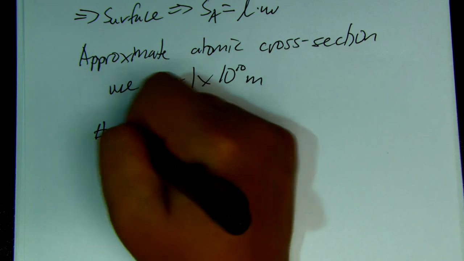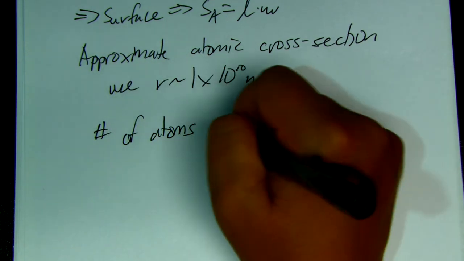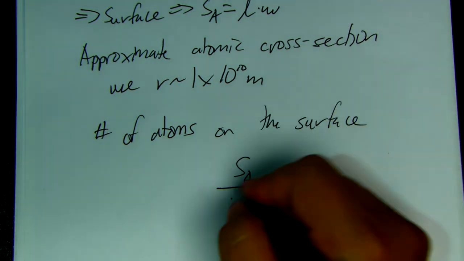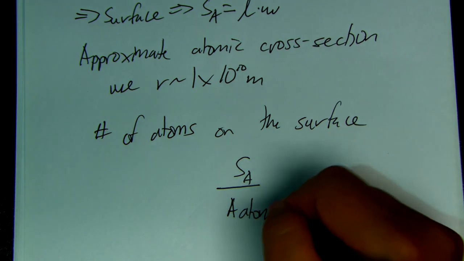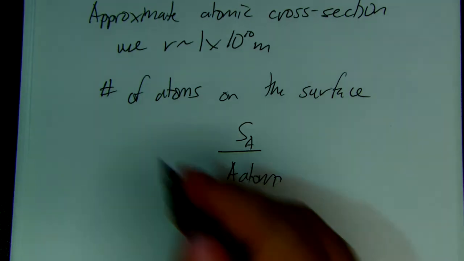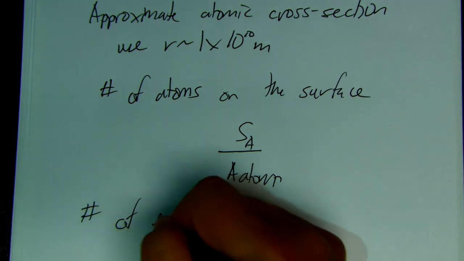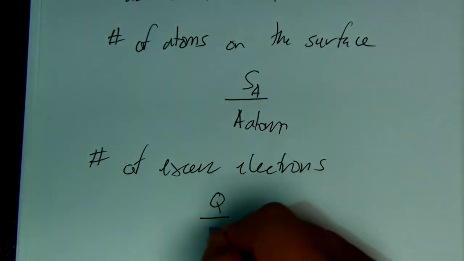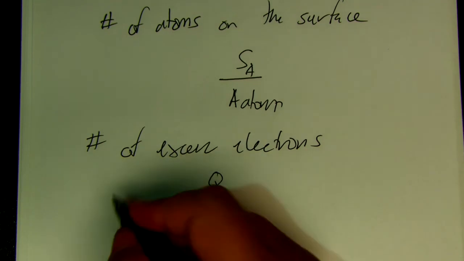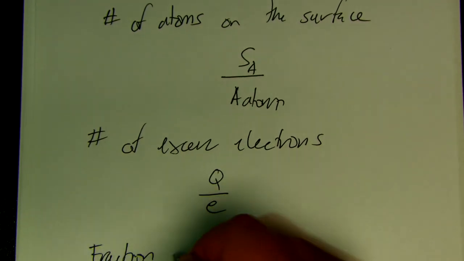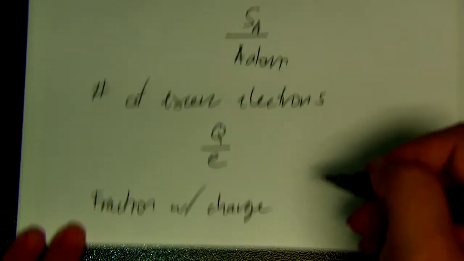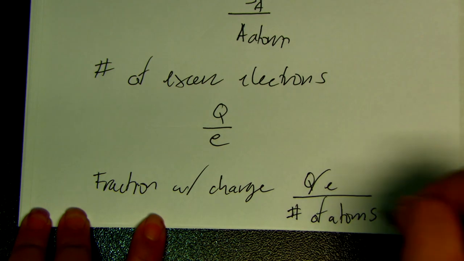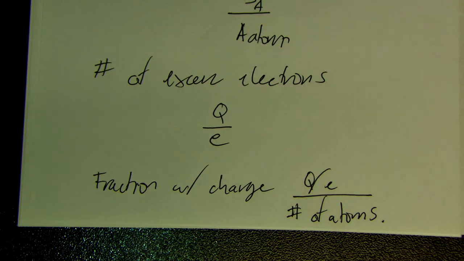The number of atoms on the surface is the surface area divided by the area of an atom. You can use square atoms if you want to. The number of excess electrons is Q over the charge of an electron, and the fraction with charge is Q over e divided by the number of atoms. And there you go. That's everything you need to do this lab.